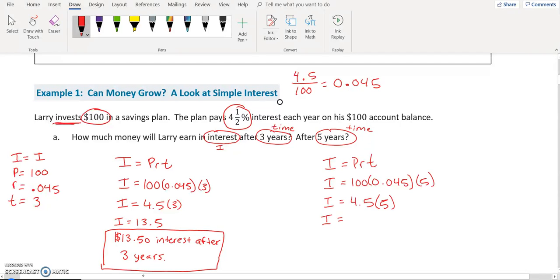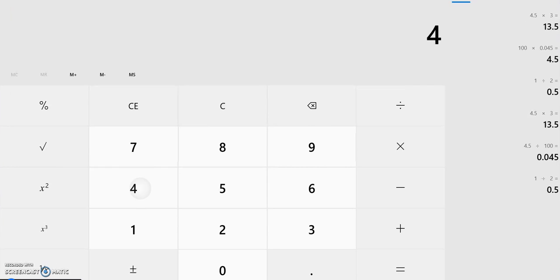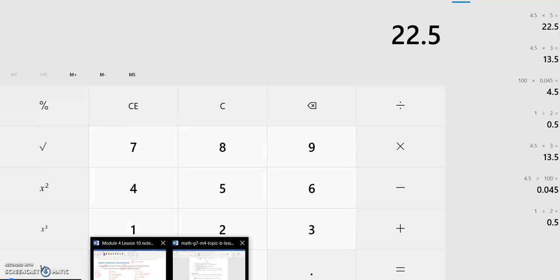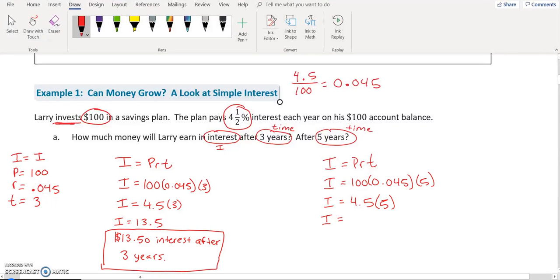So the interest is equal to 4.5 times 5 gives me 22.5. Again, interest is the amount of money that you're earning. So we're earning $22.50 in interest. Not in total, but in interest after 5 years.